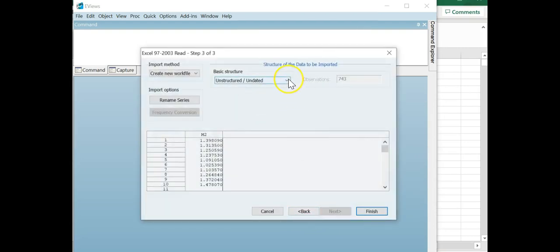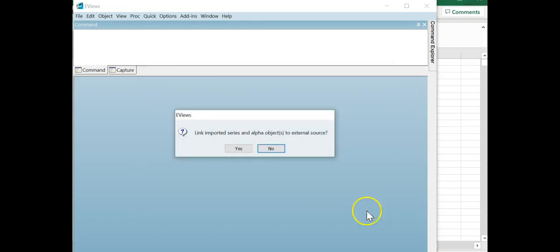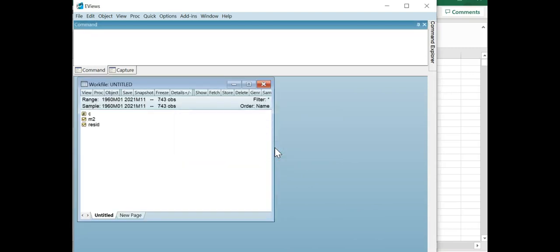Now we have to tell it that this is dated with regular frequency, and this is monthly data, and the start date is 1960M01. Okay, and there's our data here. So we've got M2 data.